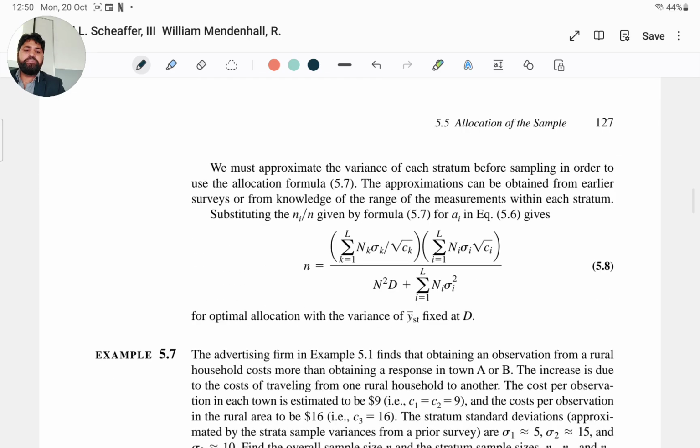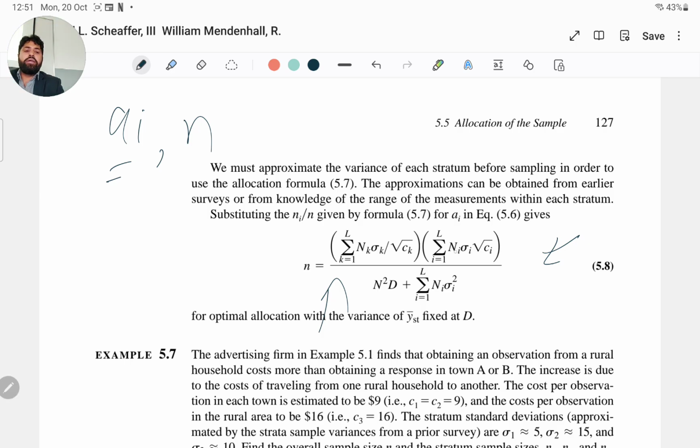And further, the N will be calculated by this formula. So in the allocation there will be two formulas, one relating to Ai and another to N. Ai we have seen above and the N is here. N involves the summation of Nk sigma k divided by square root of Ck, and C is basically the cost involved for each sampling process.